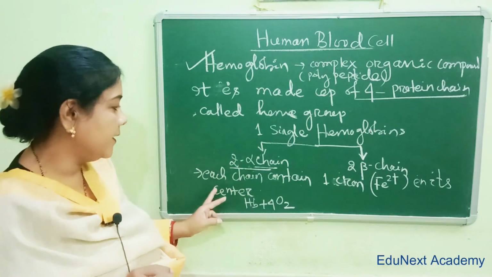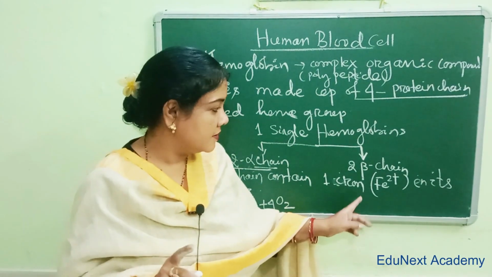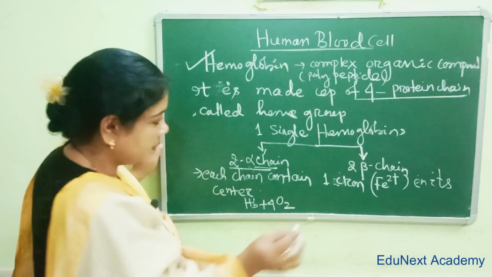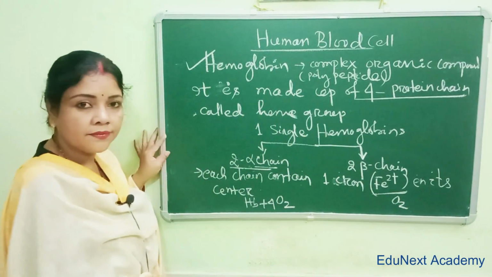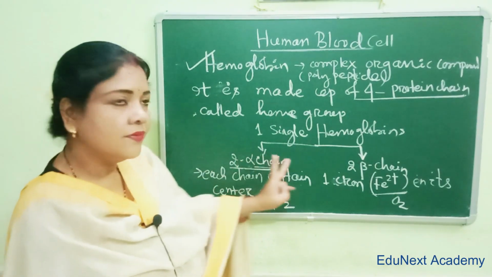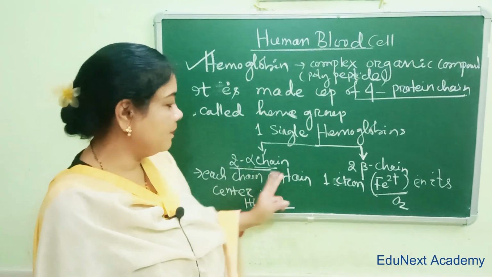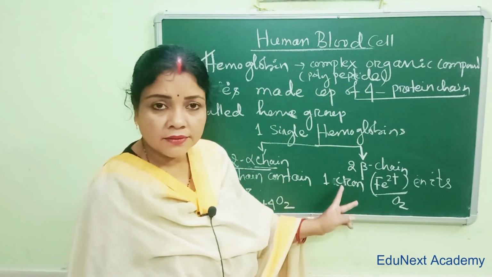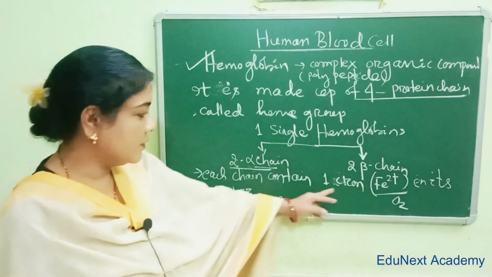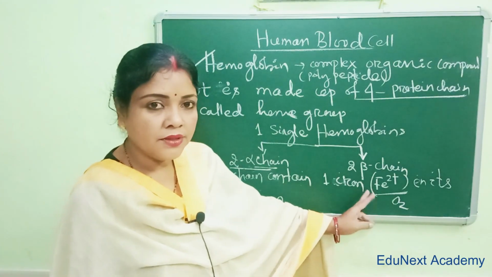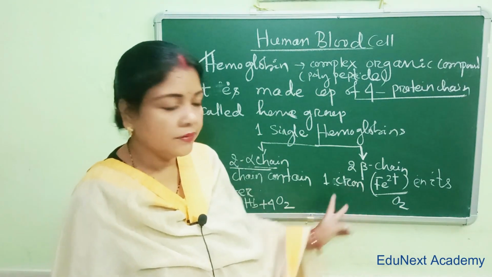Each heme group contains a single iron in its center, and this Fe2+ attaches with oxygen. So there are 4 chains, so 4 iron atoms are there. If there are 4 iron, it will attach to 4 oxygen.